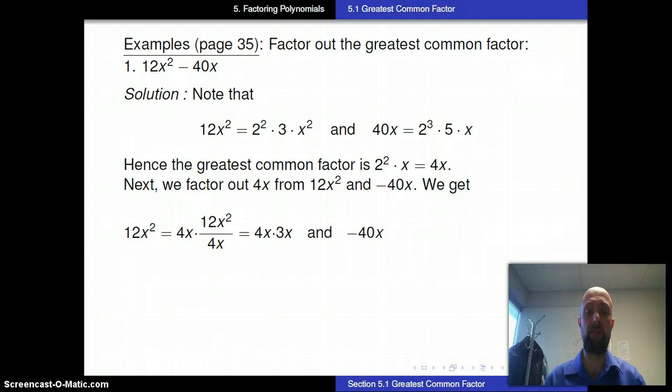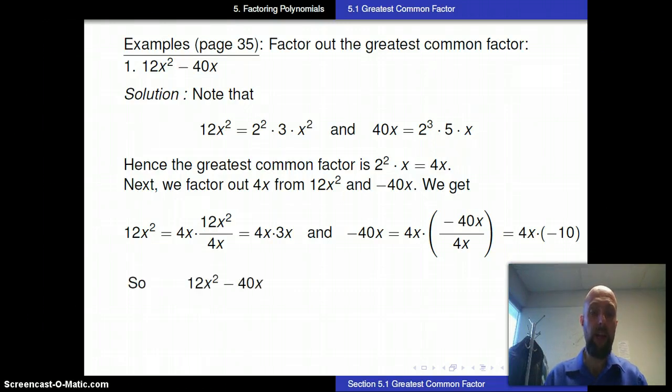Negative 40x is 4x times negative 40x over 4x, which simplifies to 4x times negative 10. Next, we factor 4x out of both terms. So we have 12x squared minus 40x is 4x times 3x plus 4x times negative 10, and factoring out the 4x, we find 4x times 3x minus 10, which is our answer.